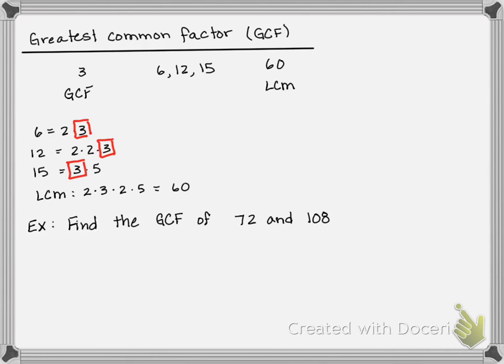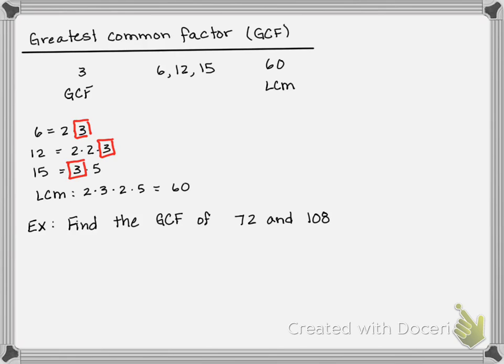So I could list all the factors of 72 and I could list all the factors of 108. Remember, that was actually like the first problem we ever did in this class where we had to list all the factors of a number. However, that gets really tedious just to find the GCF, and it's much more efficient just to use the prime factorization. Just like when we did LCMs, it was easier to use the prime factorization than to list all of the multiples of a number.